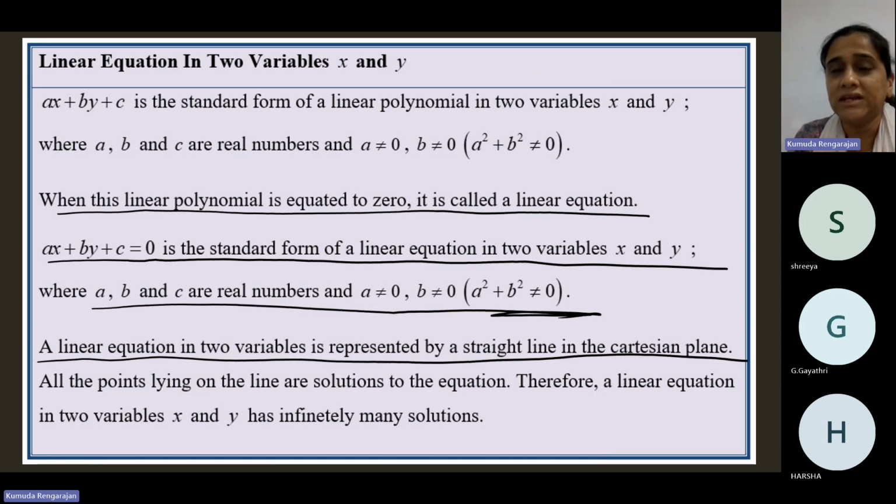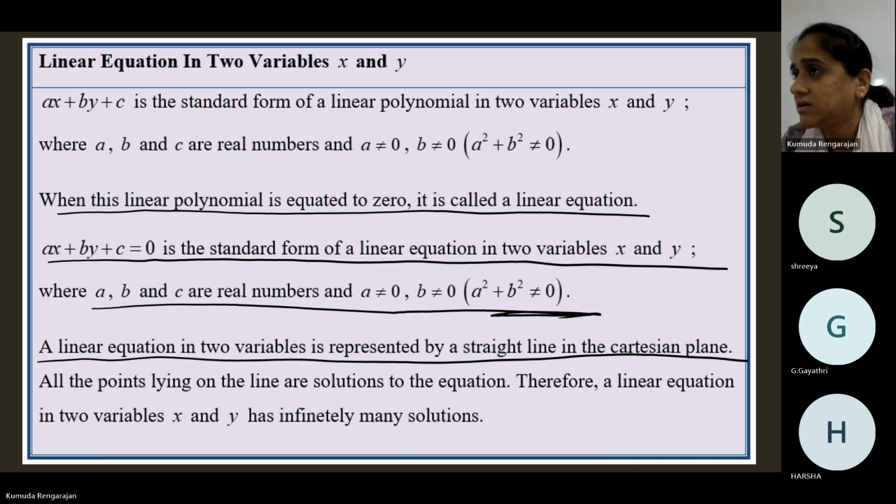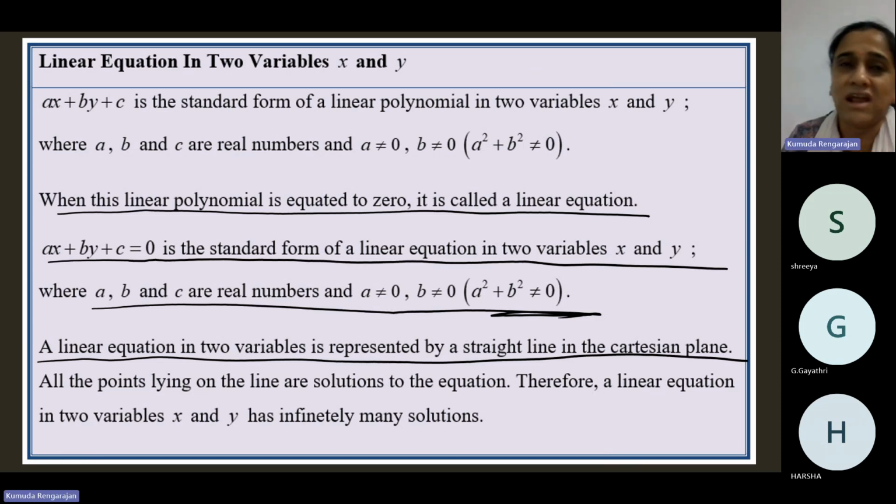Now this one is a linear equation in two variables x and y. This one will be a straight line in the Cartesian plane. When you try to represent this equation graphically, you will get a straight line in the Cartesian plane. How to get that line, we'll see later. But it's a straight line in the Cartesian plane.